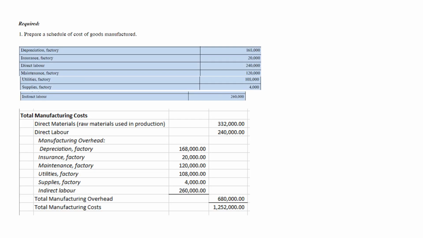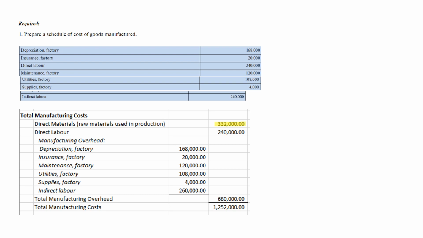So our next step in this process, after we found our direct materials, and as you can see, our direct materials carried forward, so this 332,000 is the raw materials we figured out in the last step. Now we need to figure out our total manufacturing costs.